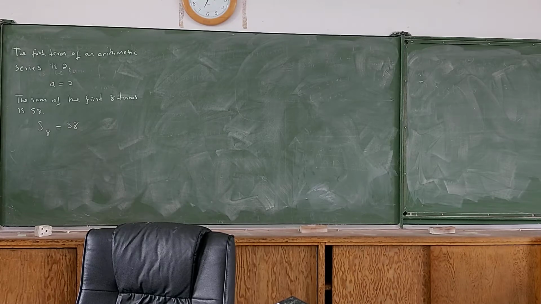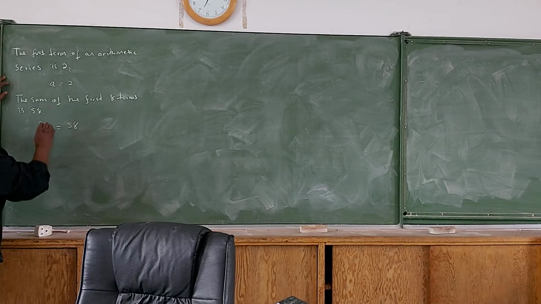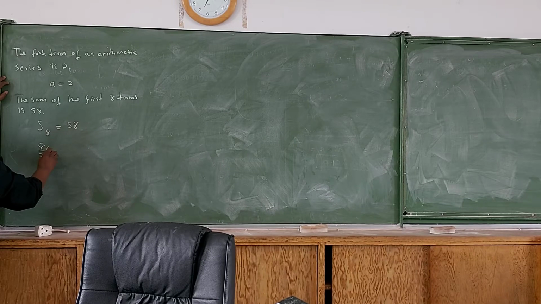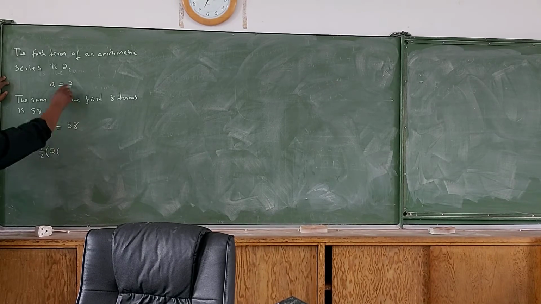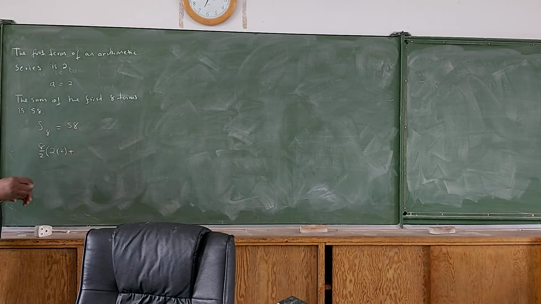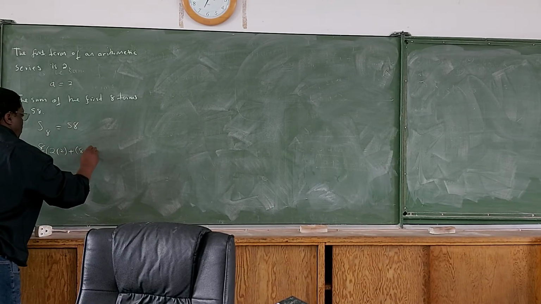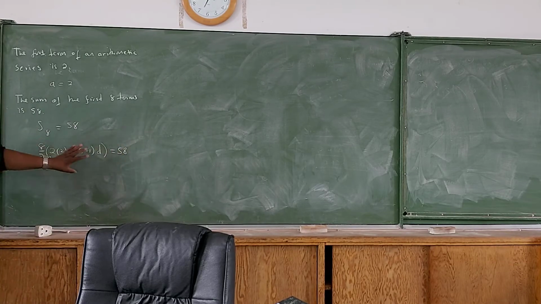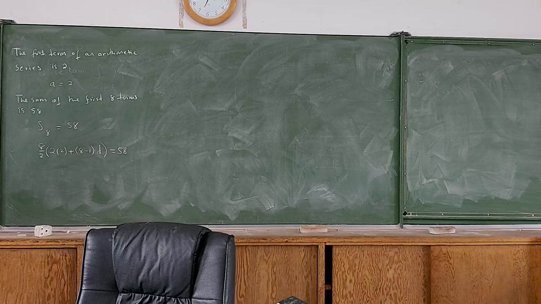The only problem is we don't know the difference. We need to find the difference. So let's take the sum of the first 8 terms. That's 8 over 2 times 2 times that 2 here, plus 8 minus 1 times D, which should give me 58. If I use this formula, I'm going to calculate the value of D, which is what the question demands.